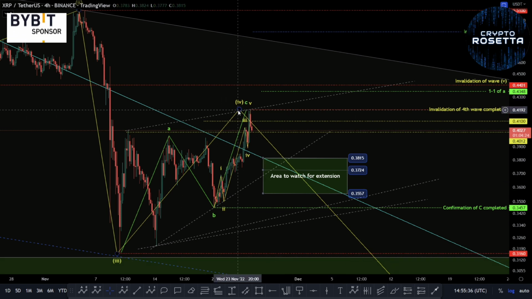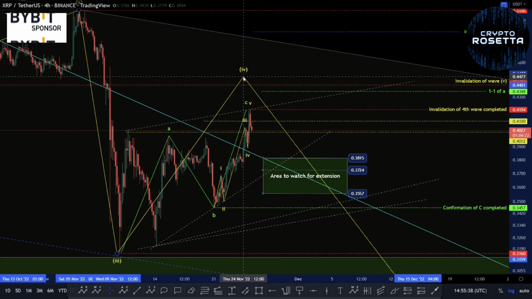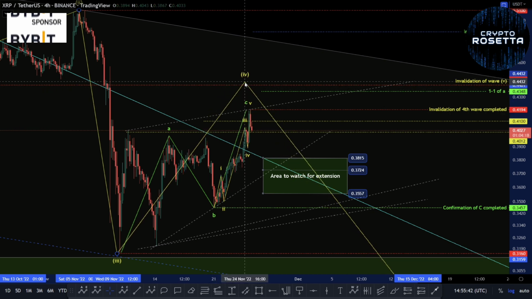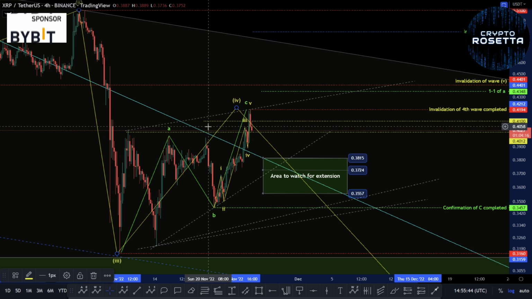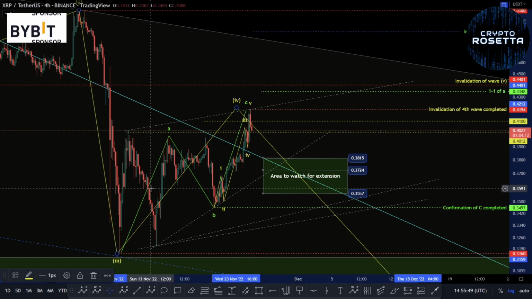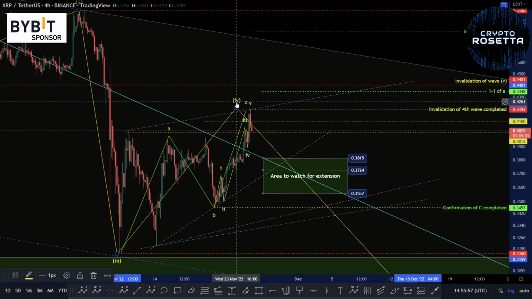So if this move comes up above this red line here, not fifth wave high, then we would be looking for potentially an ABC and then a drop at a later date. So the impulsive extension to the upside is this 0.4888, and that would be off of this move here. So we'll go over that in a second, because that's another thing that I am watching out for.